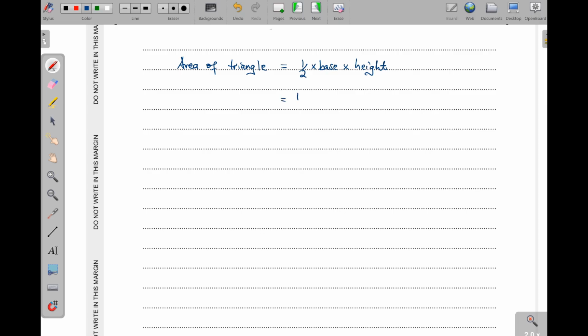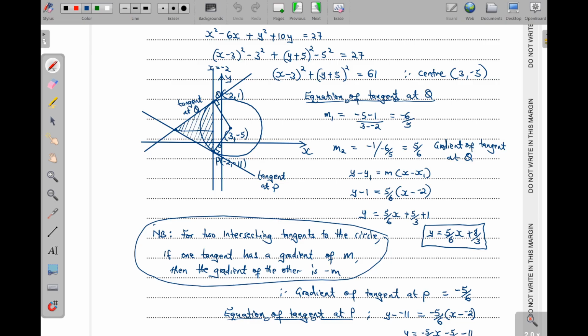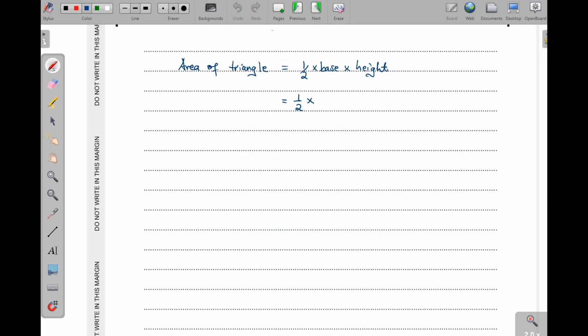So we shall have a half times, now the base, we shall come to this, and it is going to be the difference between this one and the negative 11. Okay, that is the vertical. It is a change in the y. So we shall have 1, then minus 11. You see that? Then times the height.